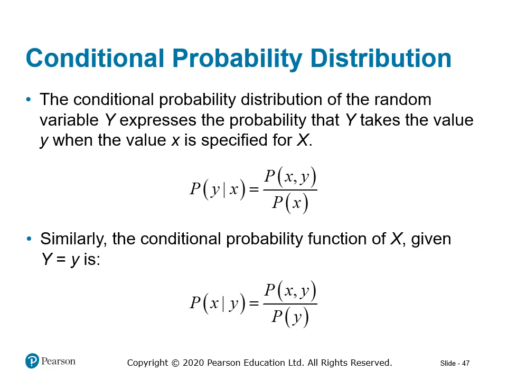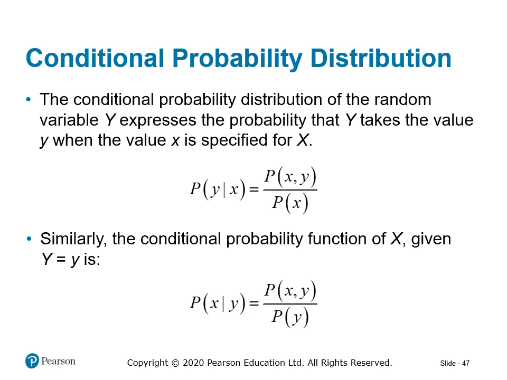So now that we have joint probabilities, we can talk about conditional probabilities, which is basically why we talk about joint probabilities. The conditional probability distribution of a random variable expresses the probability that y takes on the value of small y, given that the value of small x is specified for x.